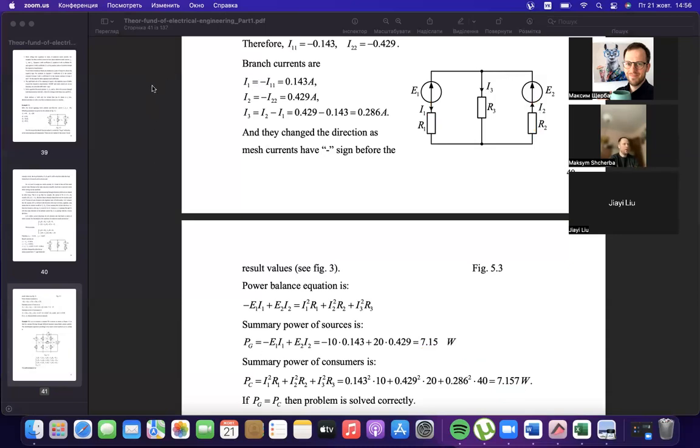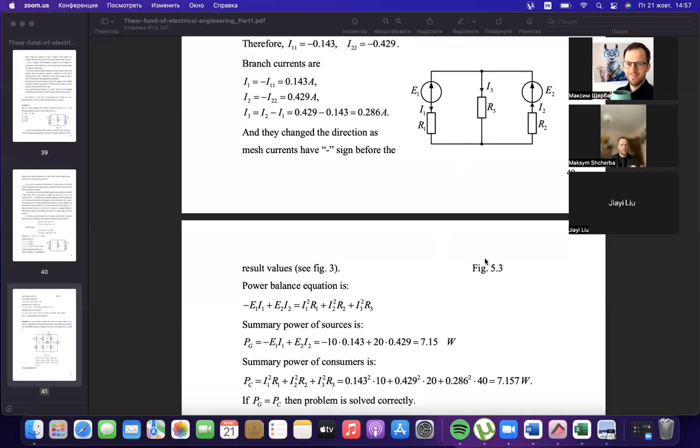And generally, you may ask, how do we know these current directions, or should we choose them by ourselves? It depends on the initial data. If in the circuit model you have a concrete direction of current, you just take it as it is given to you.